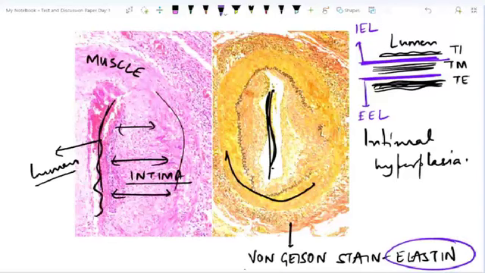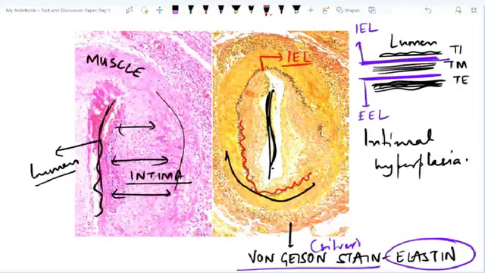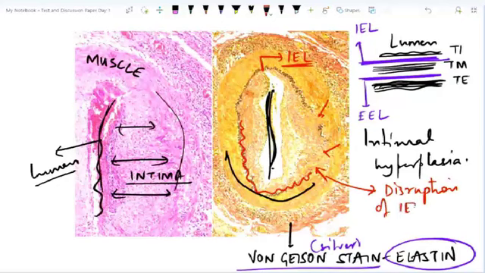So I use this stain, a silver stain, to visualize elastin, and I hope you can appreciate the waviness of the internal elastic lamina. And right here it is disrupted. So this is disruption or fragmentation of internal elastic lamina.